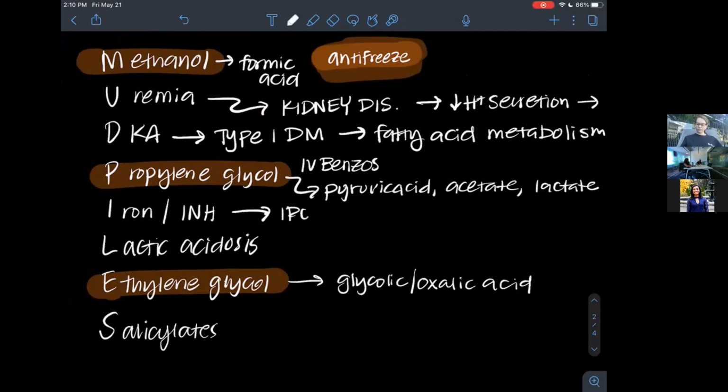Other things. Iron causes toxicity if you have too many iron tablets. Iron toxicity can cause a GI obstruction, it can cause shock, it can cause hypoperfusion, so you go through lactic acidosis there.